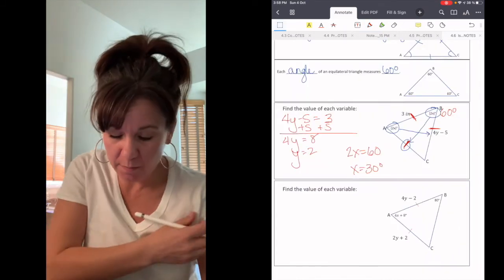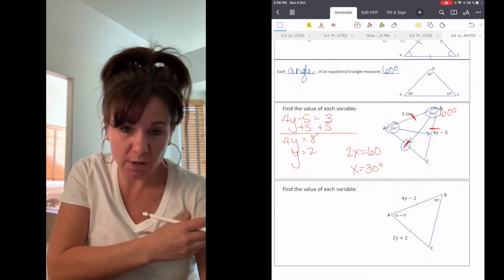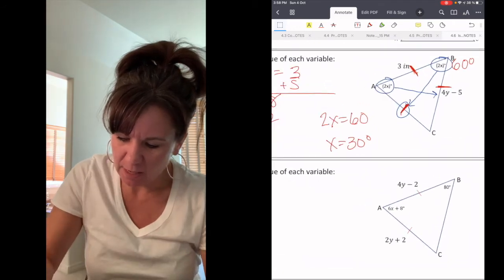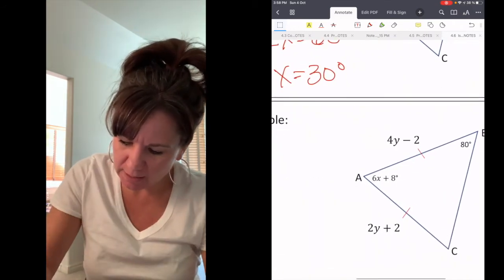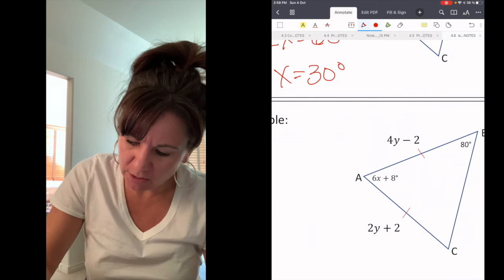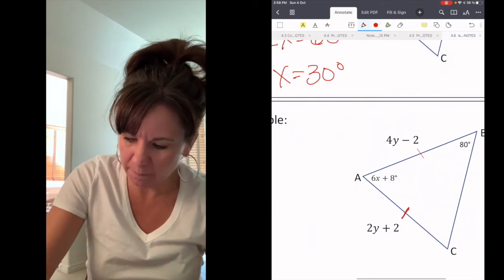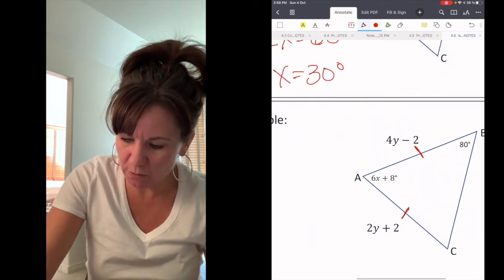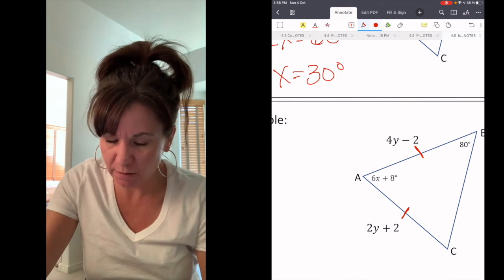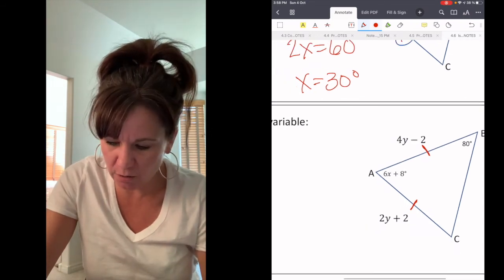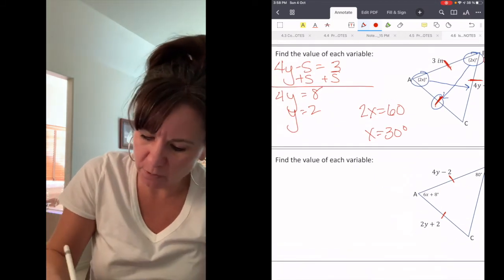Let's try one more. Let's see what we have. We're going to find the value of each variable again. Now, scrolling in, we can see that these two segments have congruent markings. So those two have the same measurement, which means to find y, I can just set those two equal to each other.